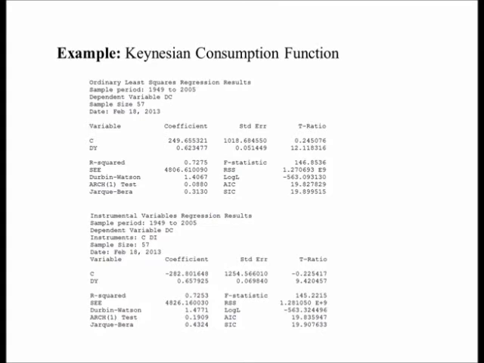Well, what we can do is run an instrumental variables regression. But what should we use as an instrument? Well, what we need is a variable which is not correlated with the error term, but which is correlated with the original exogenous variable. Well, in this case, the exogenous variable is the change in GDP.